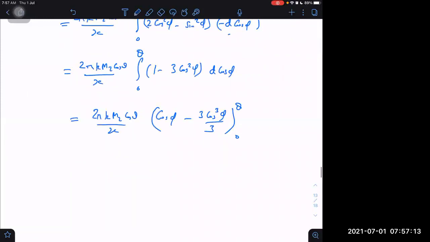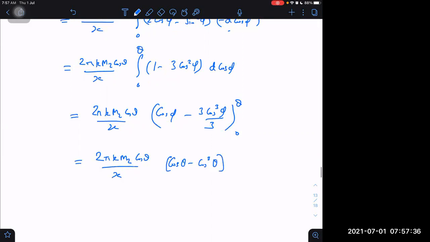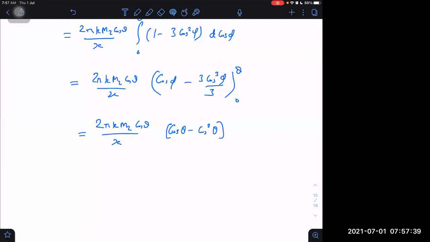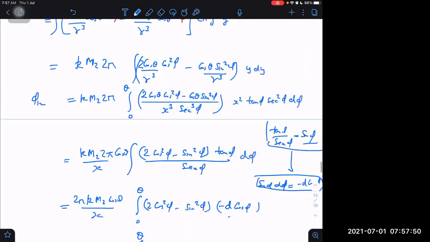What is it finally? 2 pi k m2 cos theta by x into cos theta minus cos cube theta. Is it that only? Which is different.